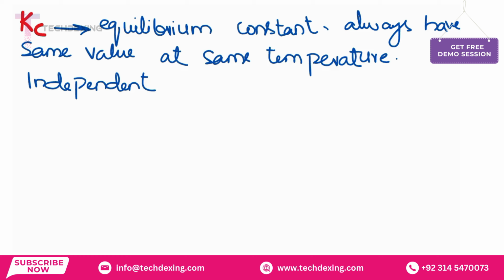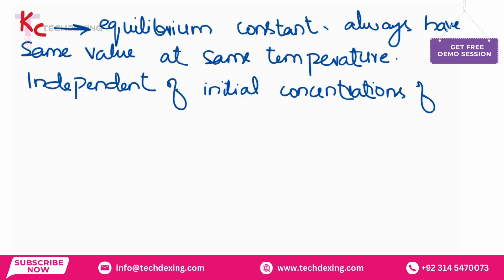So Kc is independent of the initial concentration of reactants. The value of Kc is not dependent upon the initial concentrations of reactants. So these are the two major important points related to the value of the Kc.